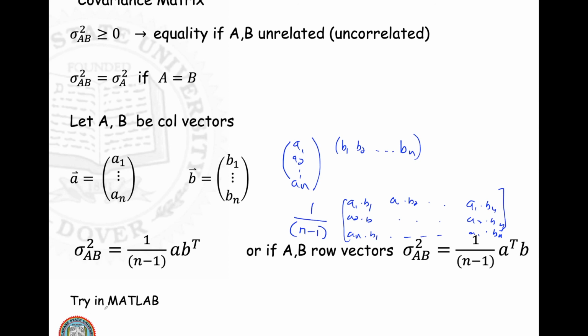And I encourage you, try this in MATLAB to convince yourself that this works. Or conversely, if A and B are row vectors, you could produce this by A transpose B, which is just the same as taking this quantity and taking the transpose of that. Okay. So this is the outer product.